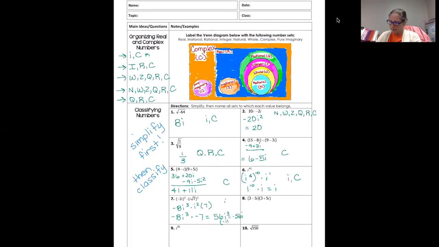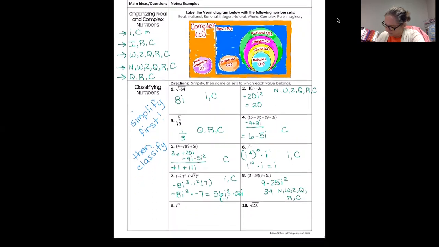That is pure imaginary and complex. We have complex conjugates multiplied by each other in number 8. So we're going to square the first plus square the last. And 9 plus 25 is 34. And 34 is natural, whole, integer, rational, real, and complex.